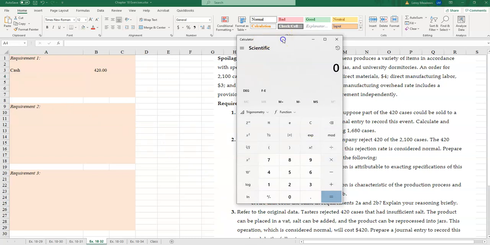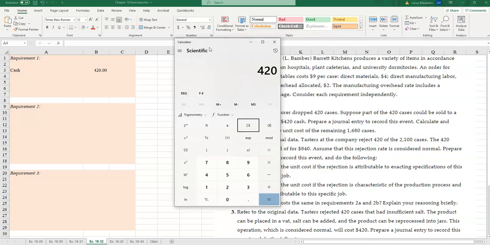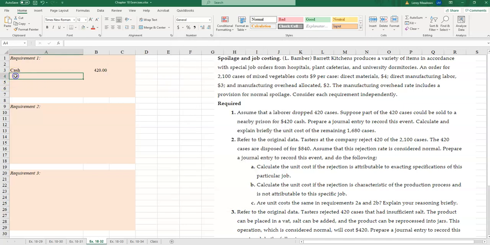Well, our total spoilage is 420 cases times $9 a case. So we have total abnormal spoilage of $3,780. But I was able to realize some value in selling $420 worth of stuff to the local prison. So I'm going to subtract $420 from that. So the remaining loss on the abnormal spoilage is $3,360.